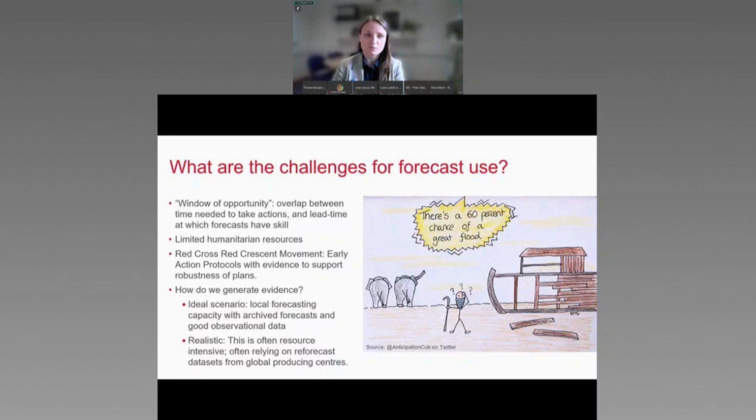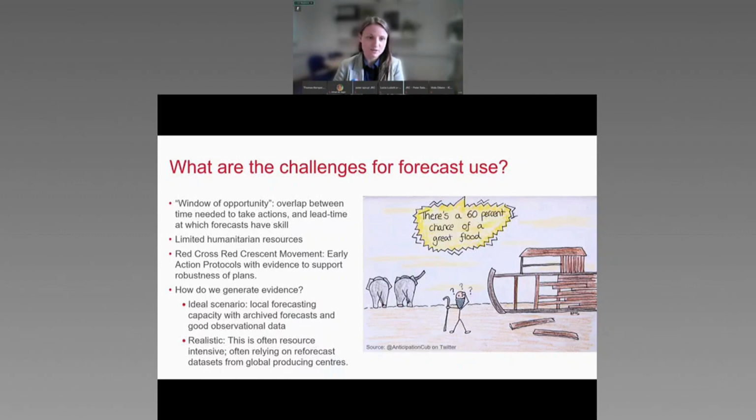The way that we do that within the Red Cross Red Crescent movement is that we use early action protocols, which provide those plans in advance with evidence behind them to support that those plans are robust. And when it comes to the forecast triggers, we need to generate evidence that those forecasts are skillful.